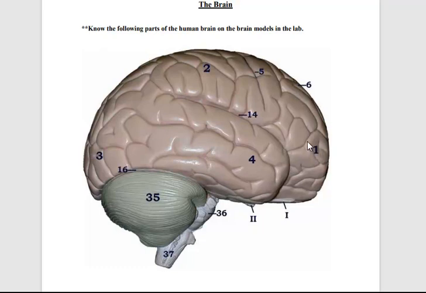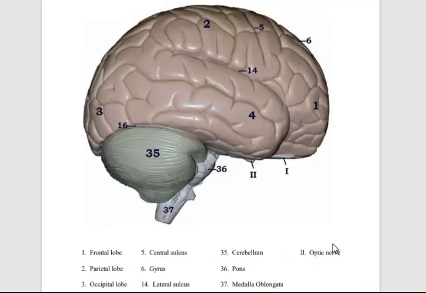Number 1 is the frontal lobe, so make sure that you get your 6 and your 1 straight. 1 is indicating the area, the frontal lobe, and 6 is actually just pointing at one of these folds. But the 6 could be pointing to any of these folds because they're all considered to be gyrus, G-Y-R-U-S.